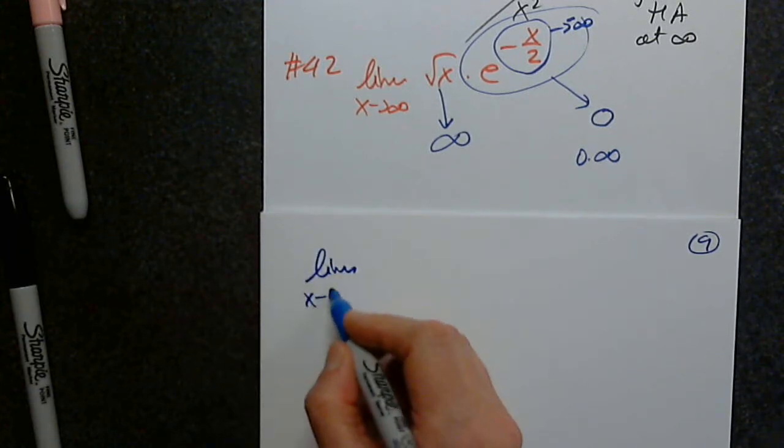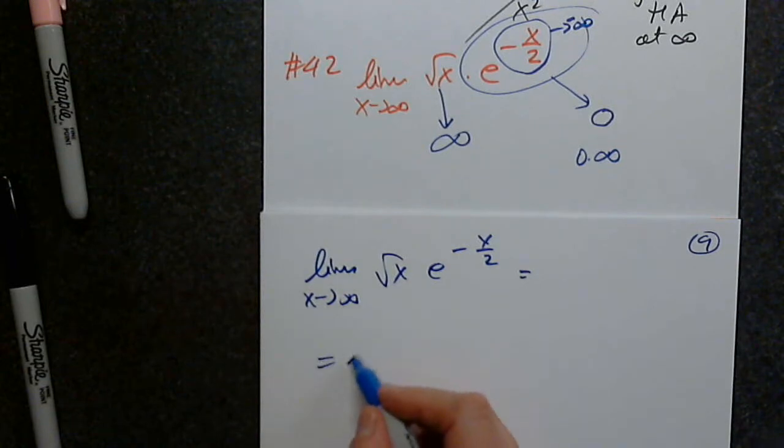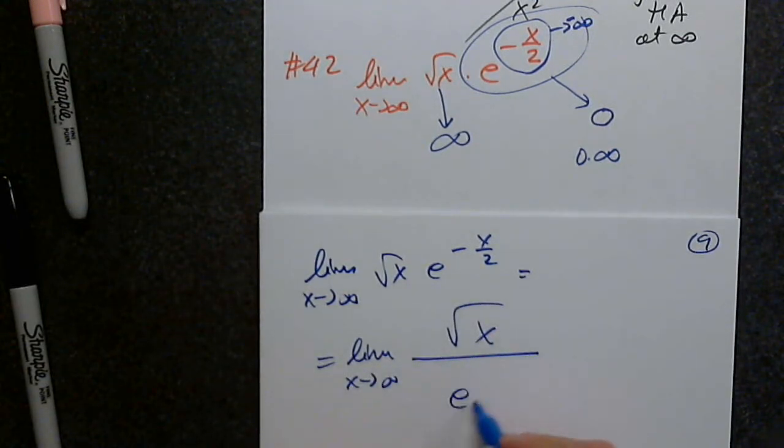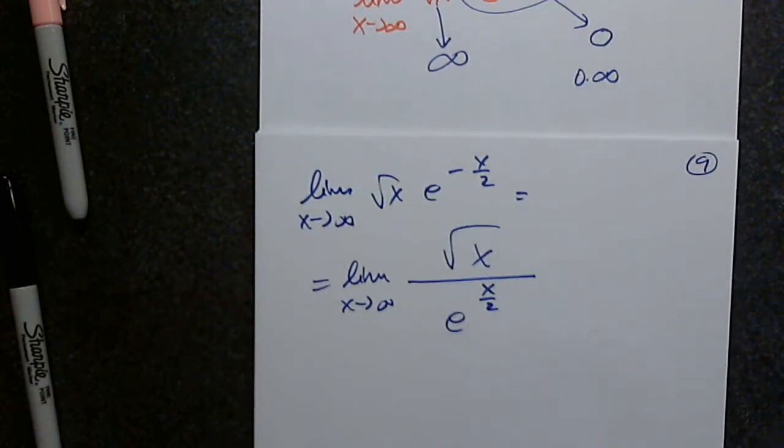So limit as x approaches infinity, the square root of x e to negative x over 2 can be rewritten as the square root of x over e to x over 2. Right? It already has a negative exponent. It shouldn't even be at the top. It's intentional, right? So now where does the top go?